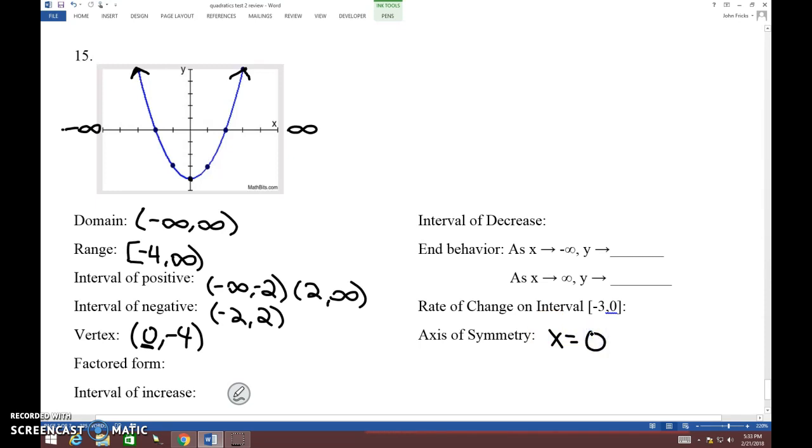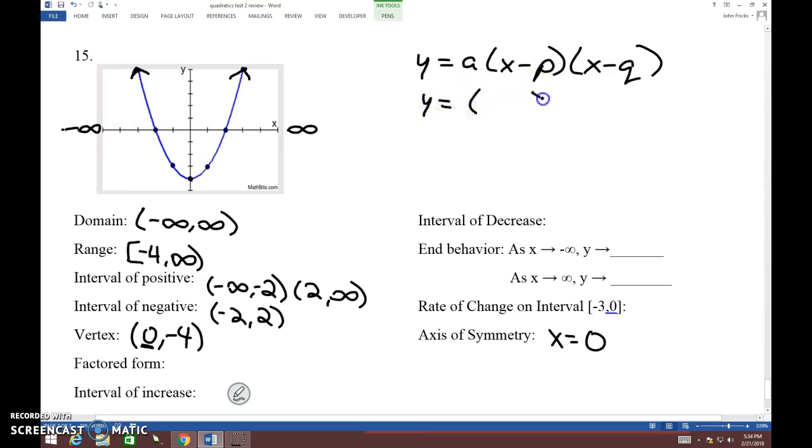Alright, factored form. If we recall, factored form and intercept form are both y equals a times parentheses x minus p, times x minus q. So with this graph, you can kind of look at your points and see, but here we're going to know that a is equal to 1.